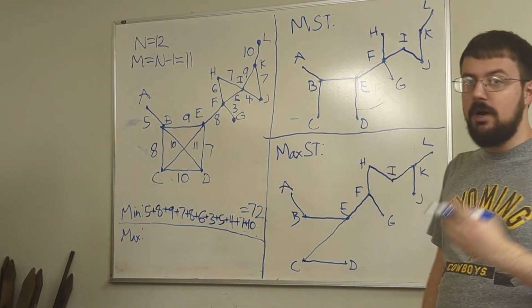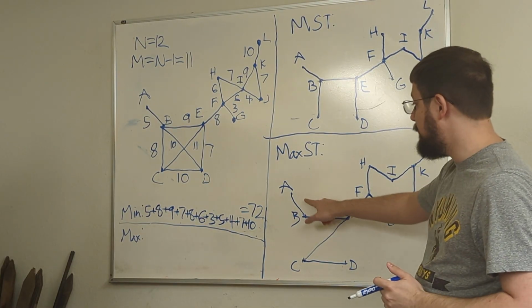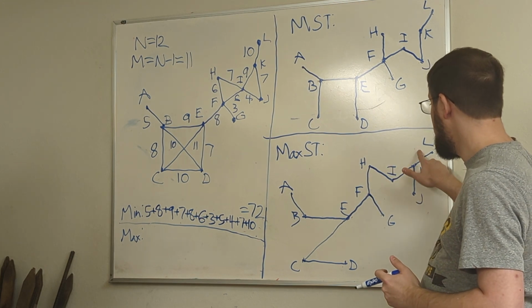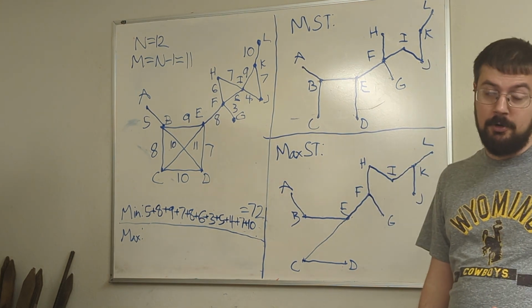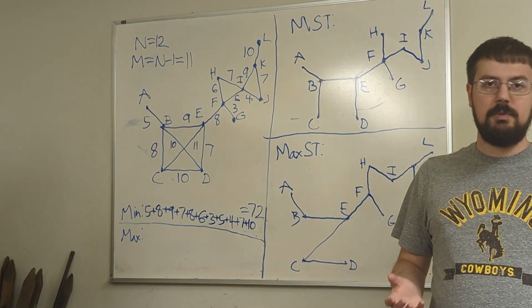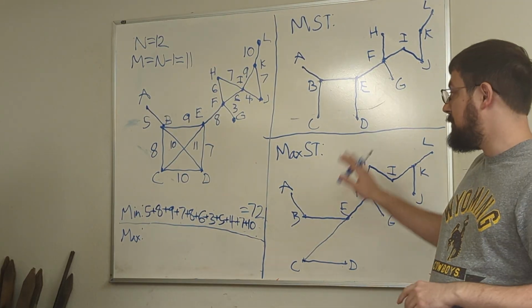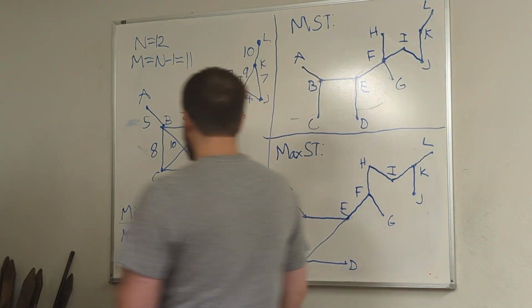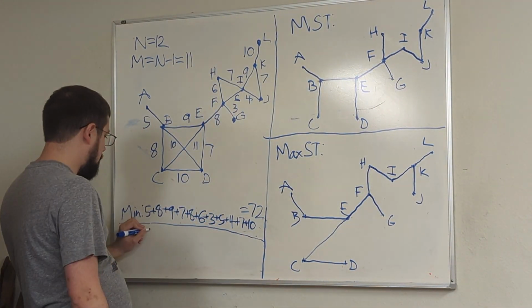So at this point, we've got all of our vertices included, and we have 1, 2, 3, 4, 5, 6, 7, 8, 9, 10, 11 edges, just like we said we were going to. So now we're going to do the same thing that we did for the minimum spanning tree. We're going to add up the weights of all of these to find the total weight of the tree. So we have 5 here.